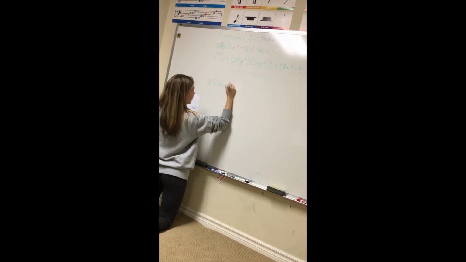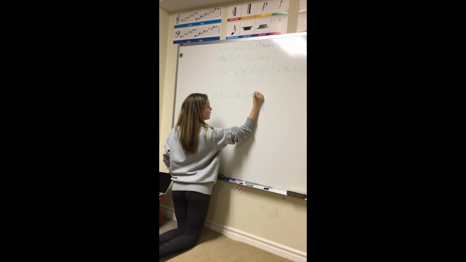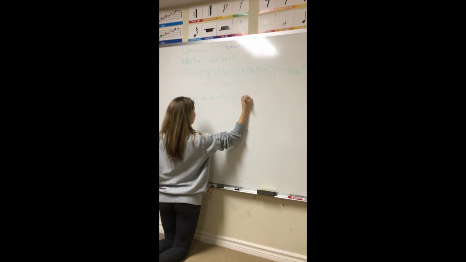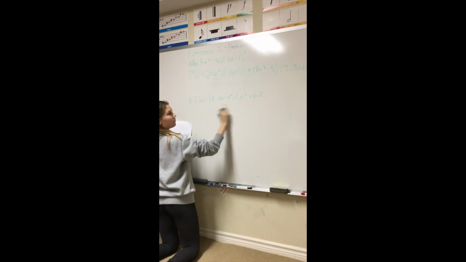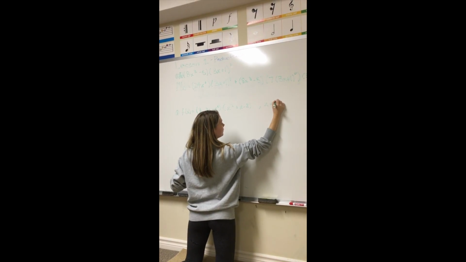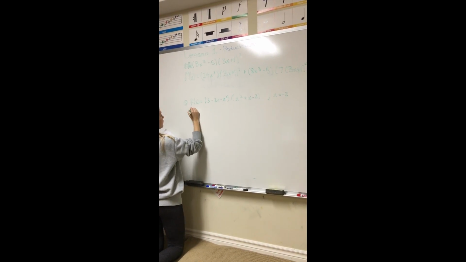Our next example is going to be 3 minus 2x minus x squared, and x squared plus x minus 2. Once we are done finding the derivative of this, we are going to then plug x equals negative 2 into the equation to get an actual integer value for our answer.